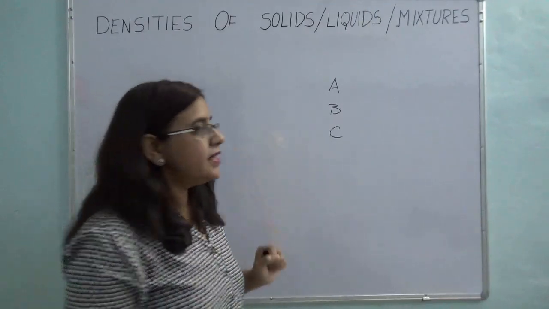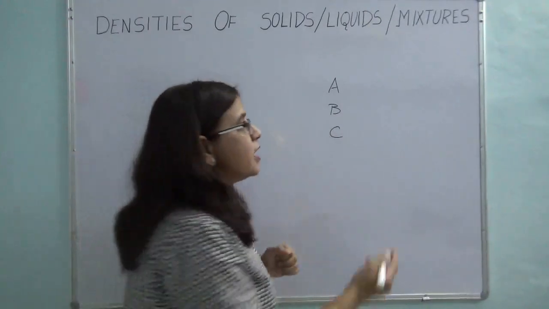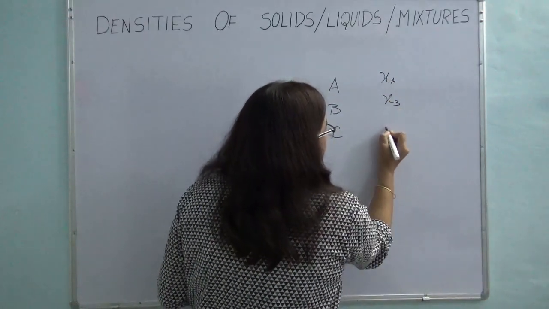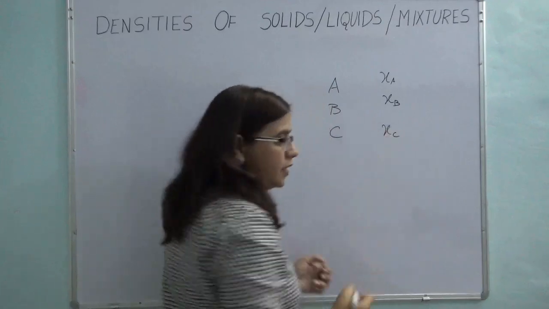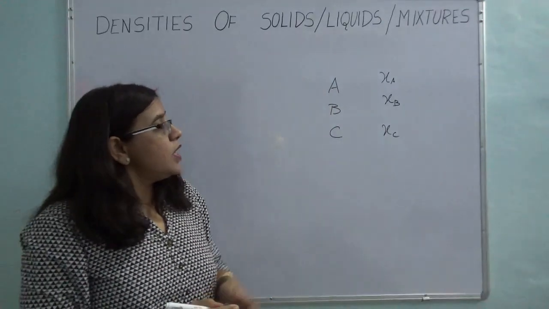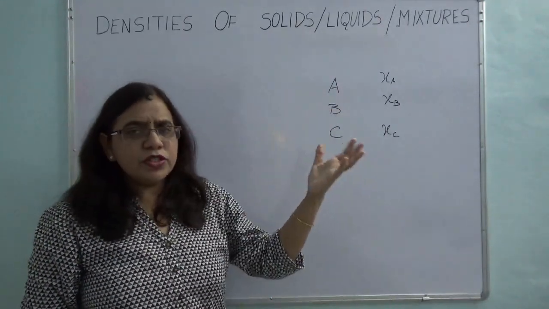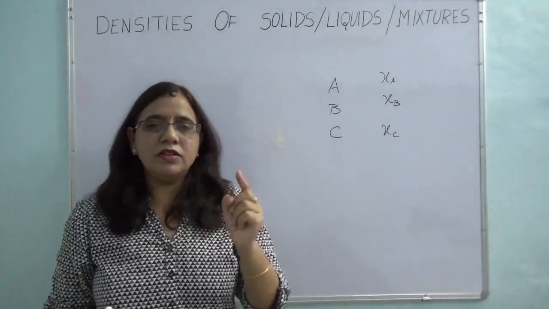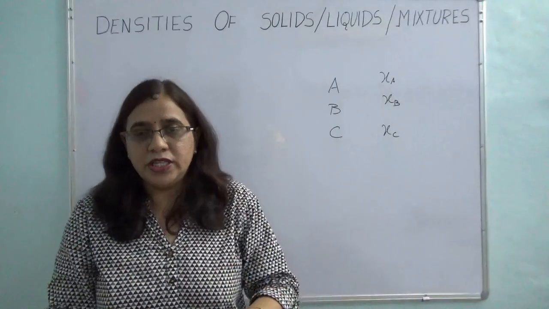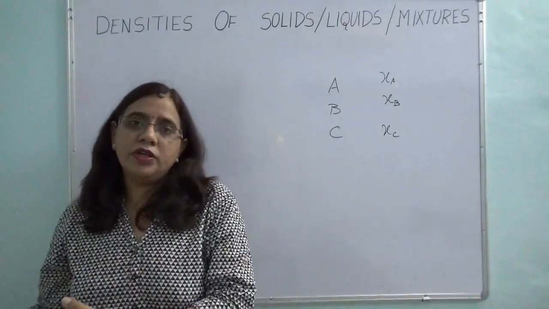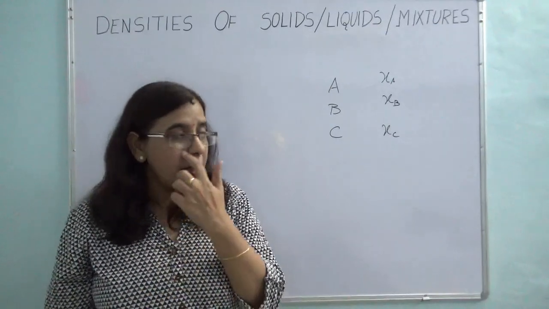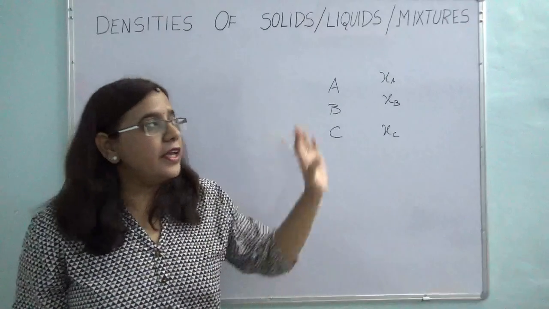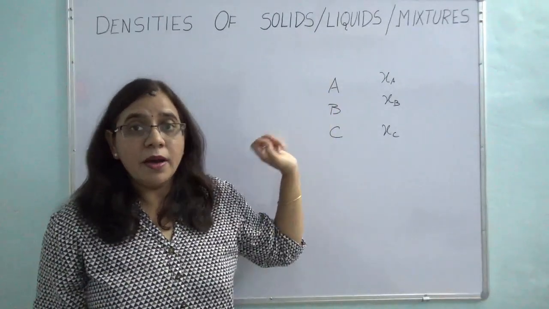Let's say the mixture contains XA mass fraction of A, XB mass fraction of B and XC mass fraction of C. Often, in whatever you have done till now, there is more than one component going into the process and more than one component coming out of the process. So in that case, mixture is the thing which you always handle, and you will have to find out the density of the mixture.